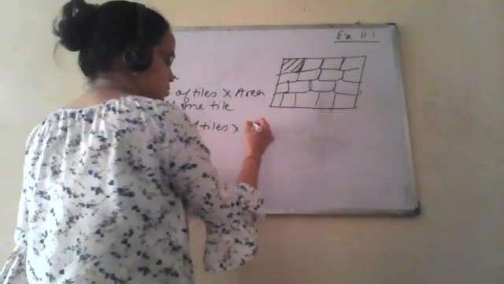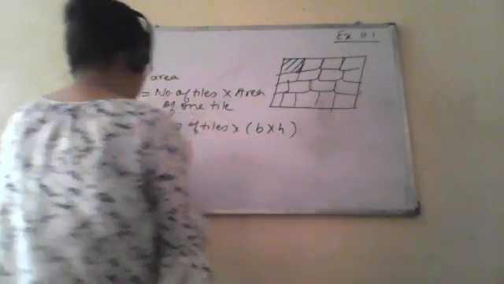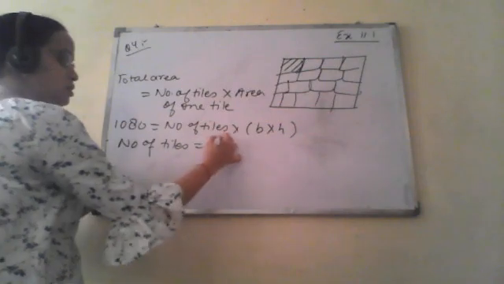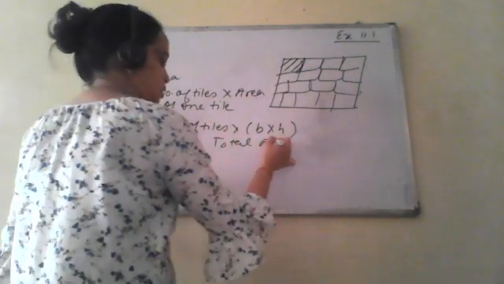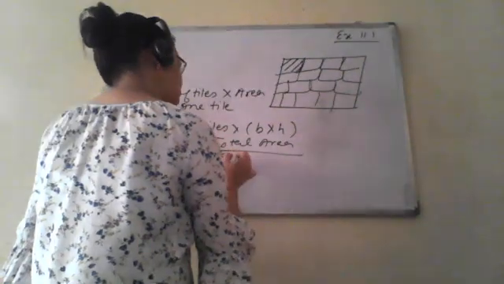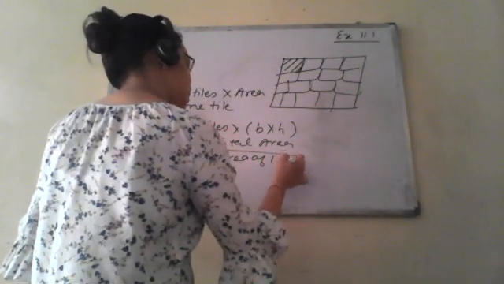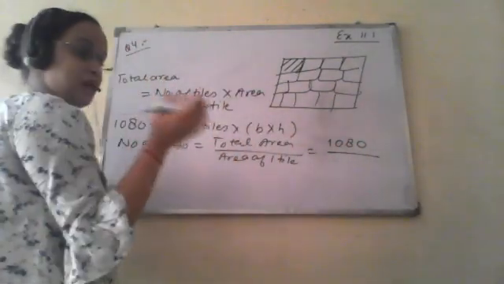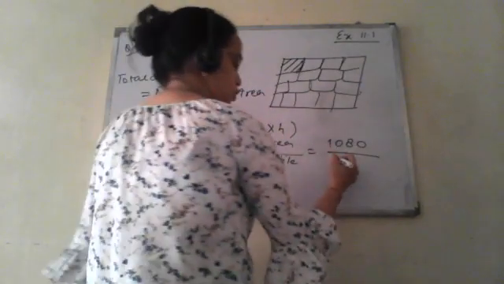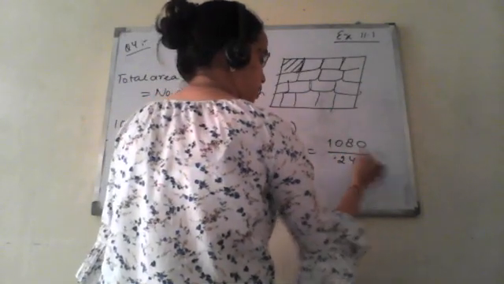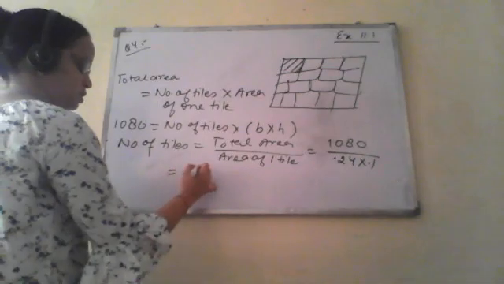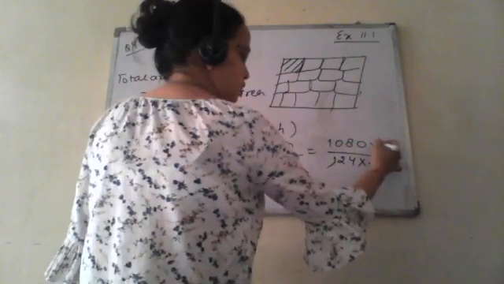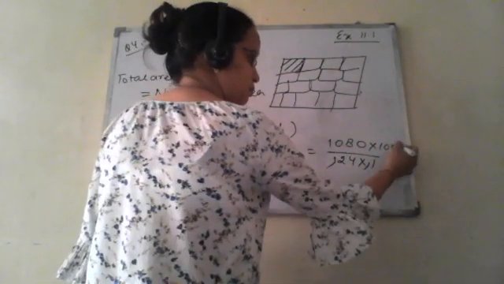Area of one tile is B into H. So number of tiles will be this total area upon area of one tile. Total area is 1080, and the area of one tile I have calculated as B into H, that is 0.24 into 0.1. Okay, it is simple. If we remove the decimals, it will become 100 and 10.